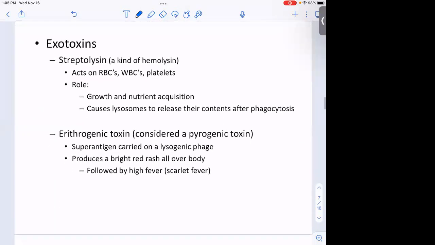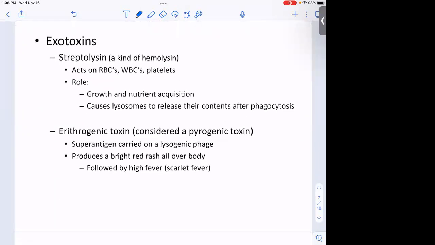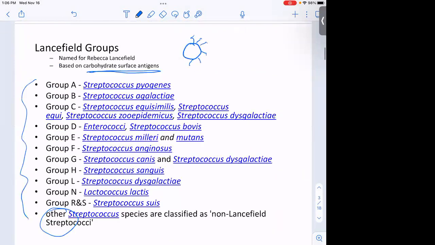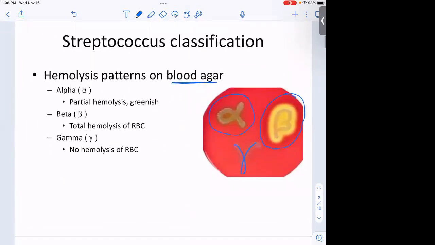A few exotoxins, streptolysin. We mentioned before, let me just back up a second to show you this picture, the different kinds of hemolysis patterns. You could call the enzymes responsible for those hemolysis factors hemolysins, or in this case, when a streptococcus is making them, we call them streptolysins.